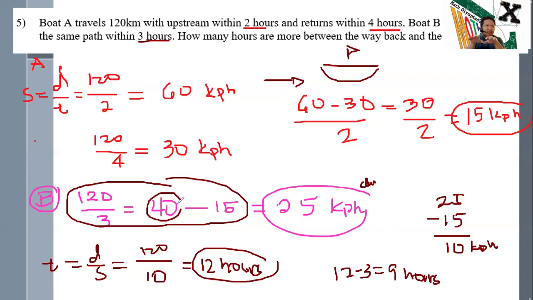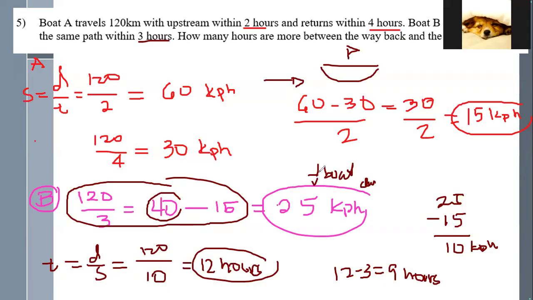We wanted to know the speed of the boat only. We know the speed of the water is 15 already, so we subtract the 15 to get the speed of the boat only, the 25.